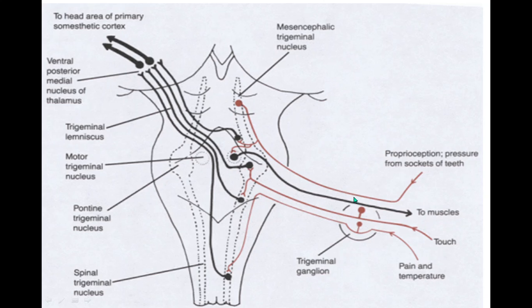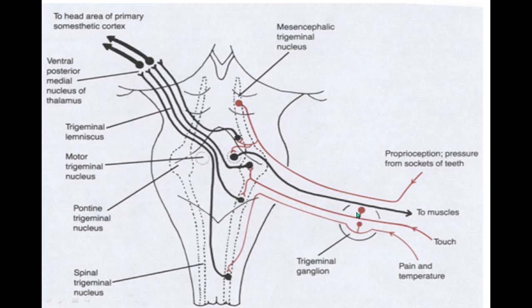Now this is the trigeminal ganglion, which is there in the middle cranial fossa. Any ganglion will have neurons. So what kind of neurons do you find in this trigeminal ganglion? You all know that any sensory ganglion will have pseudo-unipolar neurons. They are located here in the trigeminal ganglion.